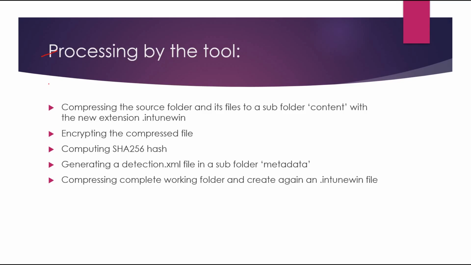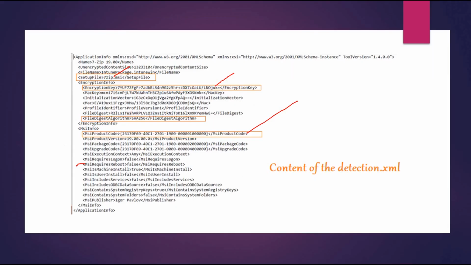The tool is compressing the source folder and files to a subfolder called contents, which has the extension .intunewin, and it is computing it with a SHA-256 hash. It contains a metadata folder which contains detection.xml, and it contains the setup file.